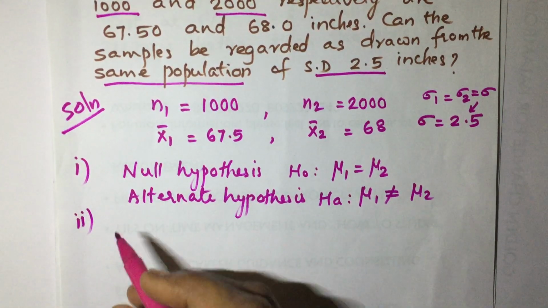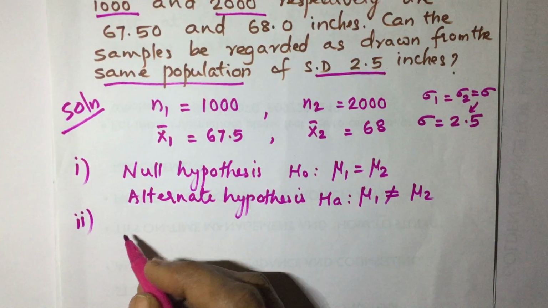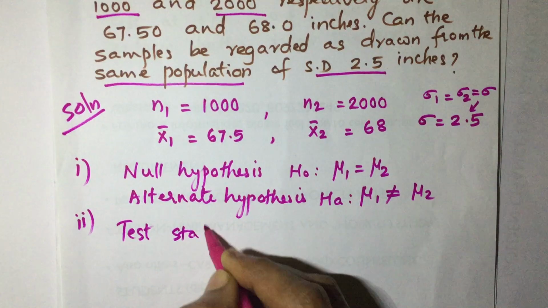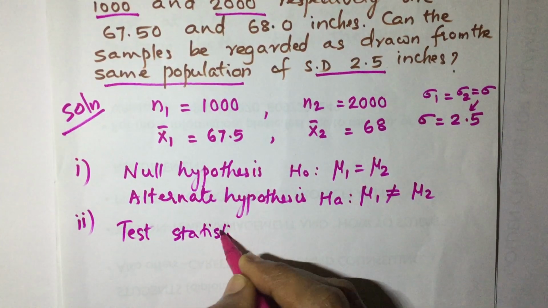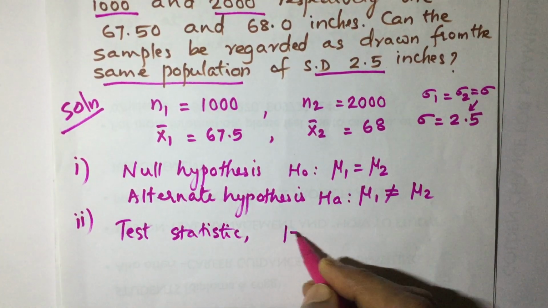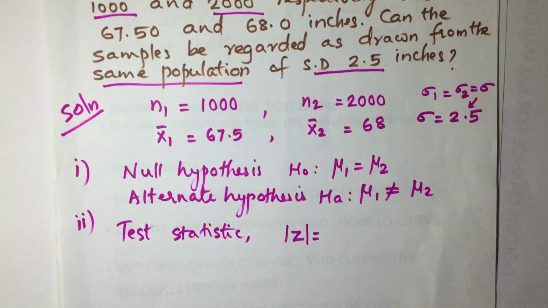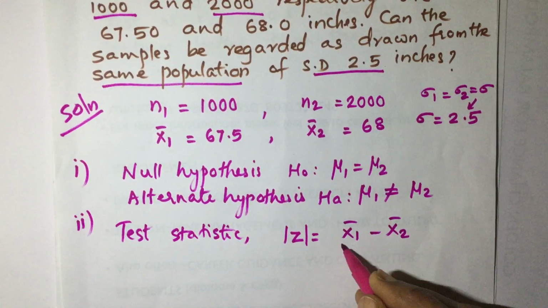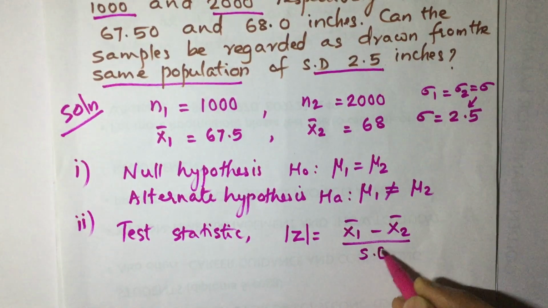Now second, we will calculate the test statistic Z. I hope you remember the formula which we have written in the previous lesson. Here the standard deviations are equal, so we will use the formula X1 bar minus X2 bar divided by the standard error.